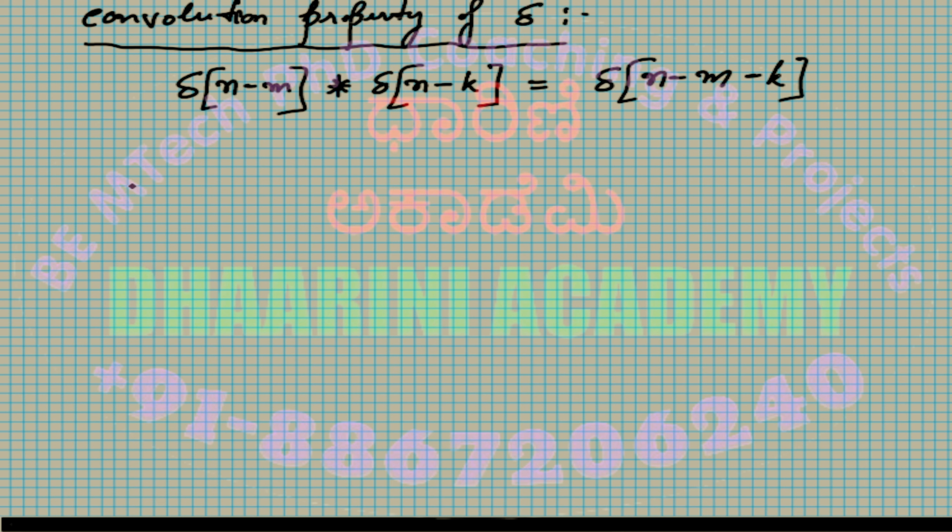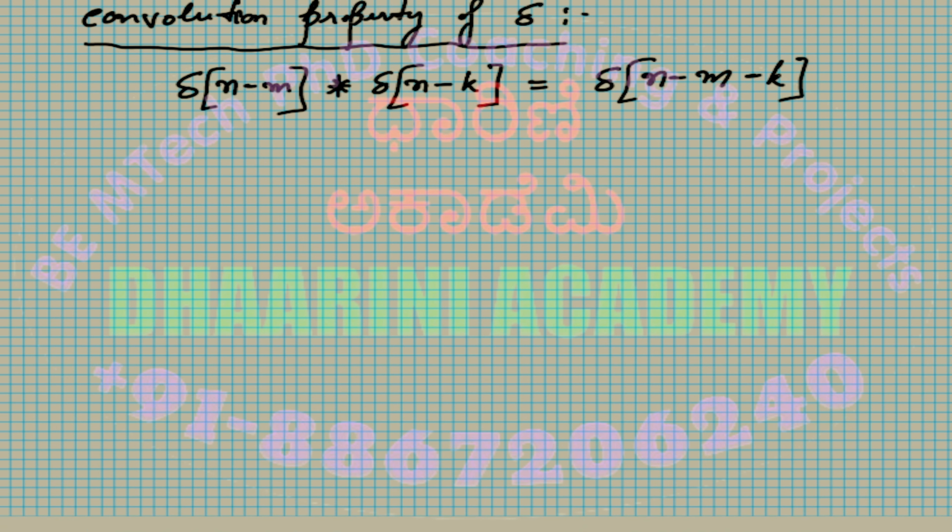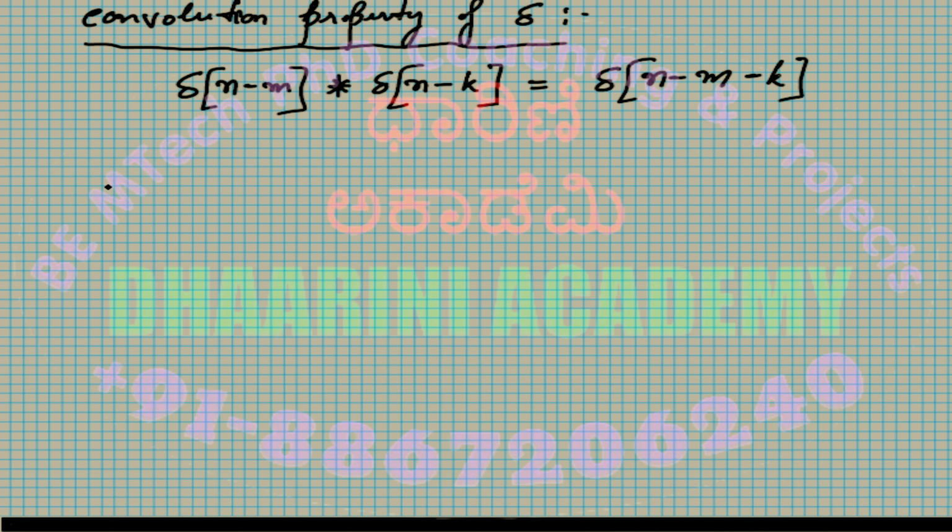So if I have delta of n with me, and I convert this into delta of n minus m, this is not a property, this is an operation on the n axis. This operation is called a shifting operation.